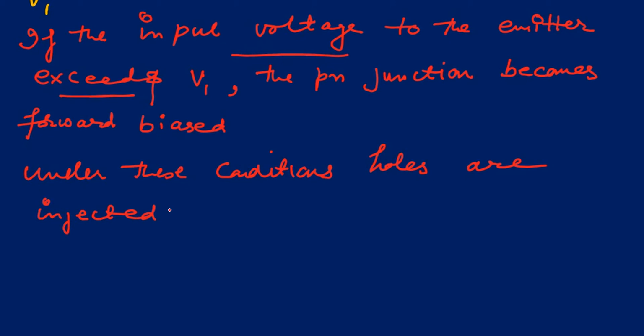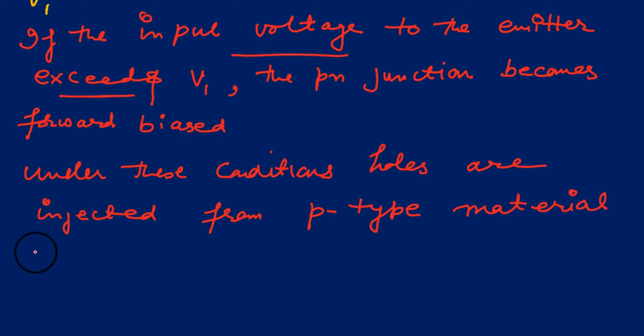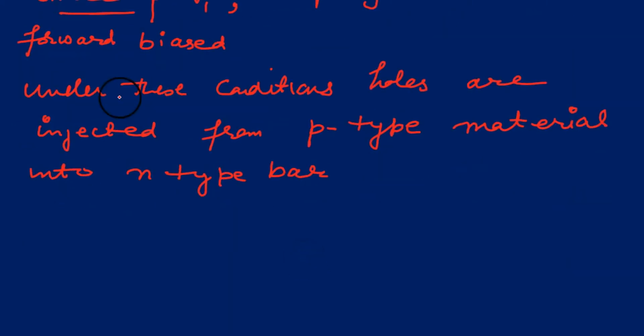So holes are injected by the emitter from the P-side material into the N-type bar, thereby constituting hole current.